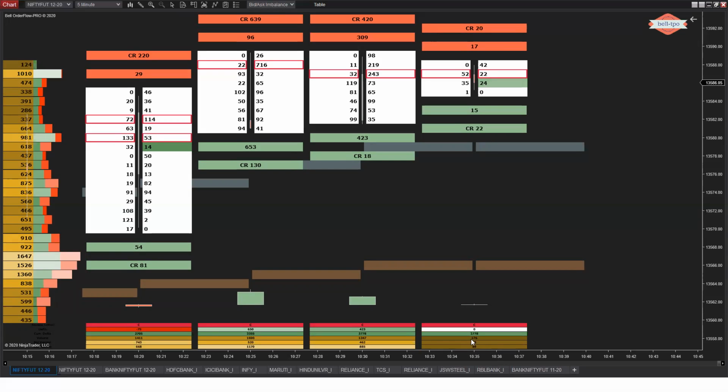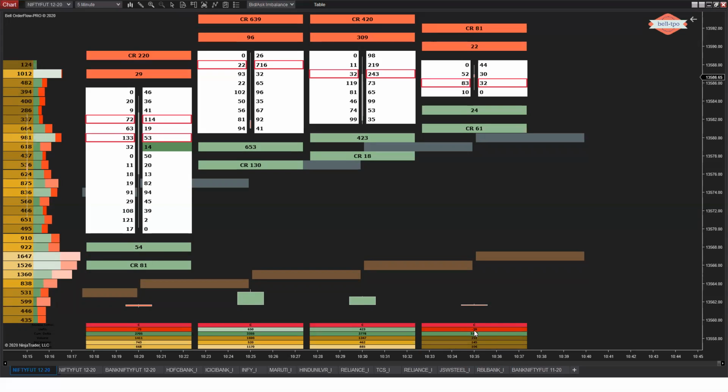So the net difference is going to be the total activity here. You can see the buyer is at the bottom and the seller is at the top, and 103 minus 112 is minus. It's going in minus. That means sellers are so far taking control in this block. In this block, sellers are more compared to the buyers. That is why the delta is going negative.